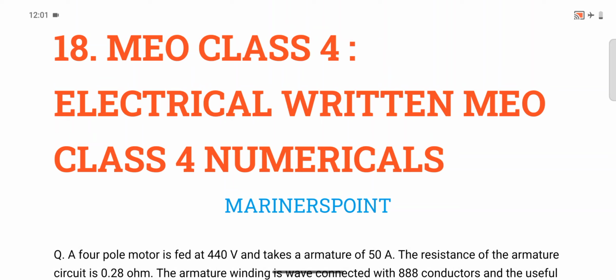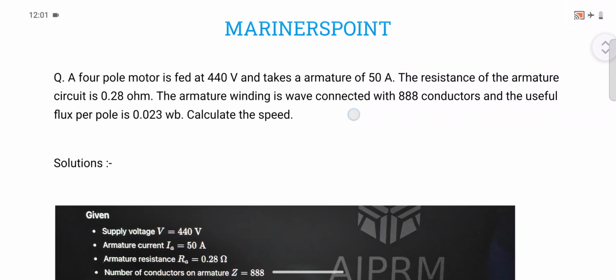Here we are going to discuss MU Class 4 Electrical Written Numerical Questions. The question we can see on the screen: a 4-pole motor is fed at 440 volt and takes an armature current of 50 ampere.